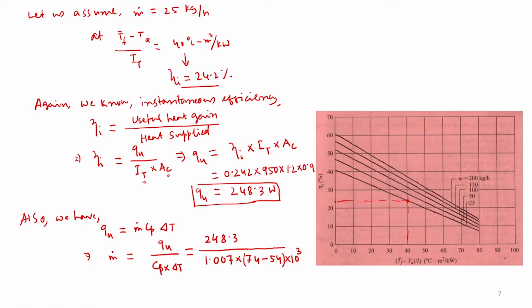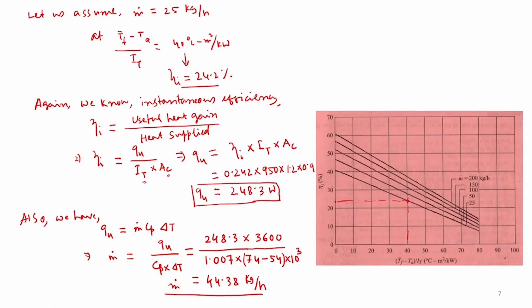Again we need to multiply this with 3600 because we want m dot in kg per hour. So, this will be equal to 44.38 kg per hour.